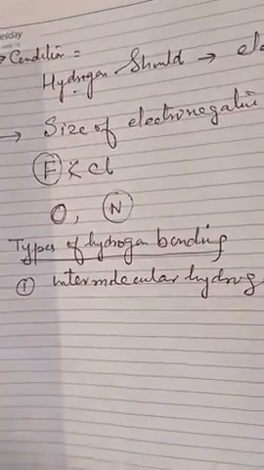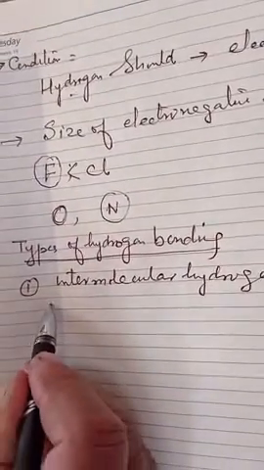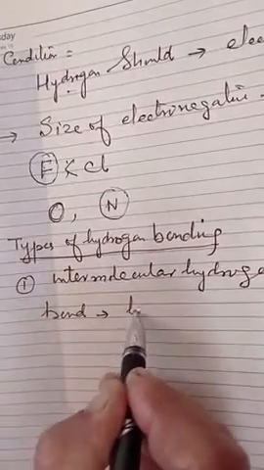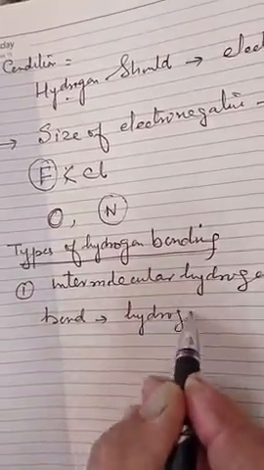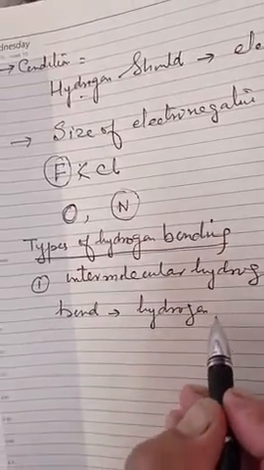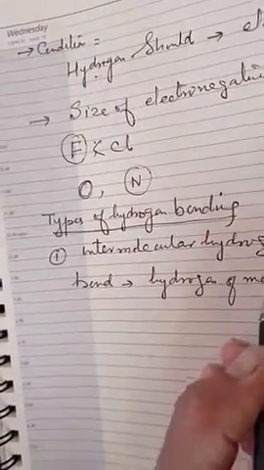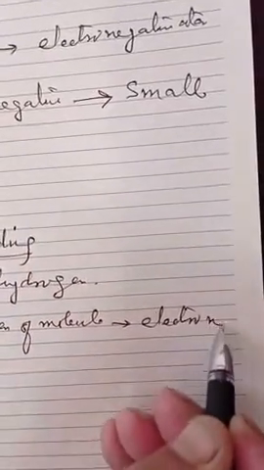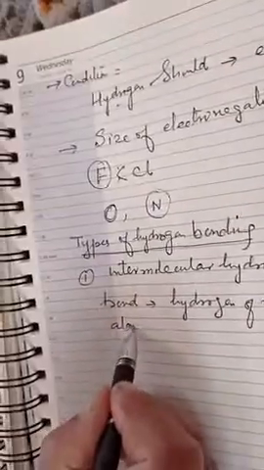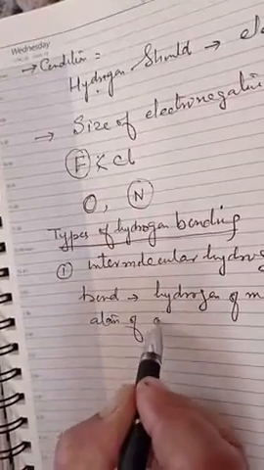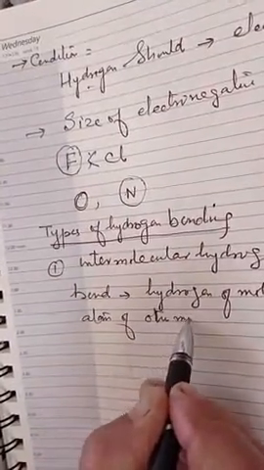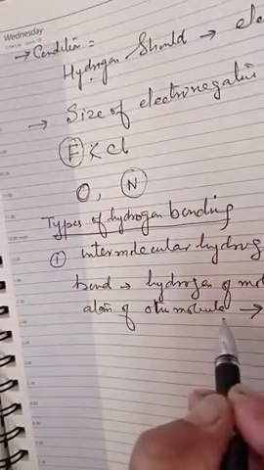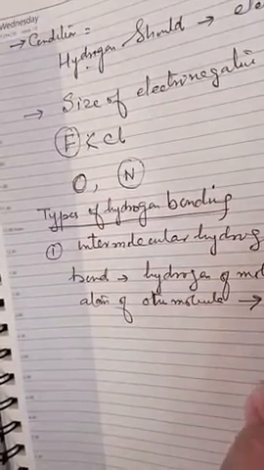For example, the hydrogen bond formed between the hydrogen of one molecule and the electronegative atom of another molecule of the same or different substance.